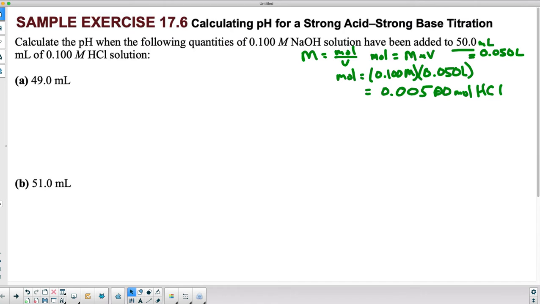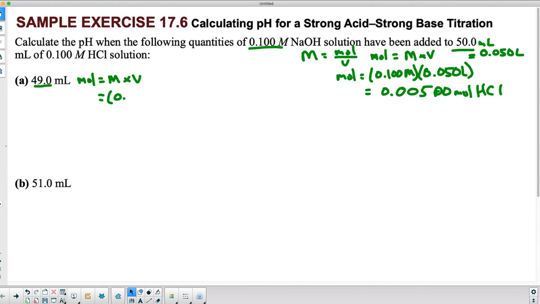Let's do exactly the same thing here. We're given the same concentration of sodium hydroxide, which is pretty common, and we're going to be adding that number of milliliters. Moles equals concentration times volume.